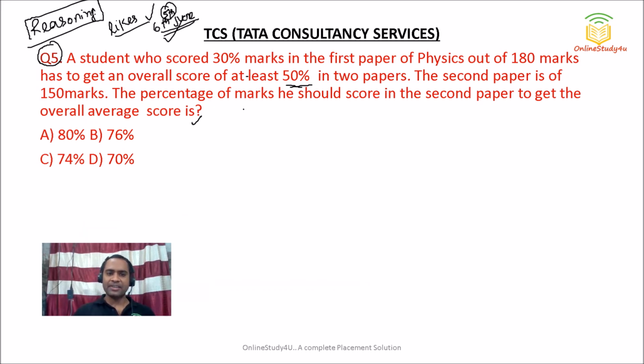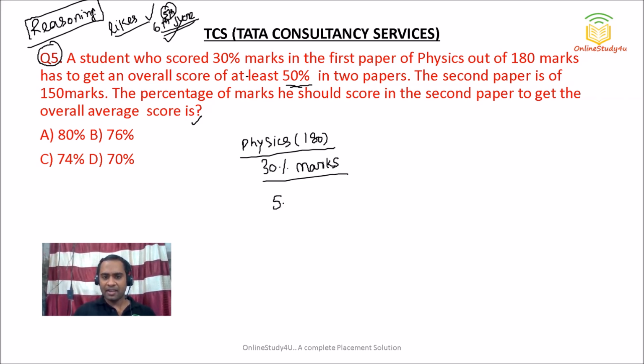So friends, a student is getting 30% marks in the first paper of physics. Physics is of 180 marks total. So 30% marks means the student is getting 180 into 30 by 100, which is nothing but 54. So the student is getting 54 marks.